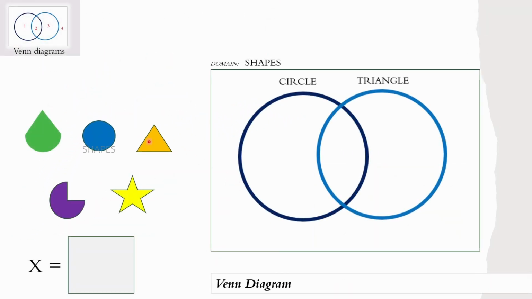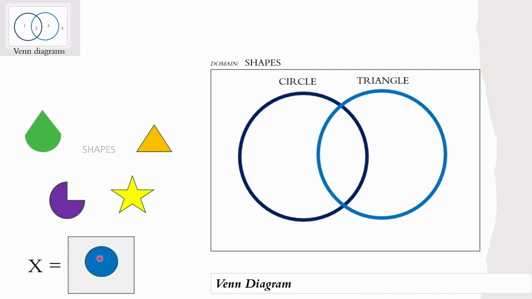Now let's imagine we have to put these shapes onto our Venn diagram. It's pretty straightforward where our circle should go. We can choose between these two regions, region 1 and region 2, both inside the area where we're supposed to put all our circles. Where should we put this shape? In order to fall into region 2, it would have to satisfy all the conditions for being a circle, which it does.